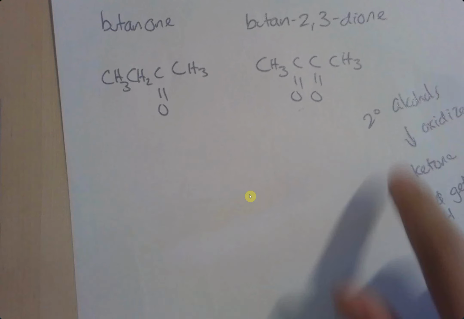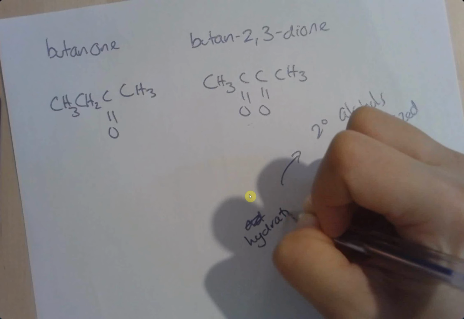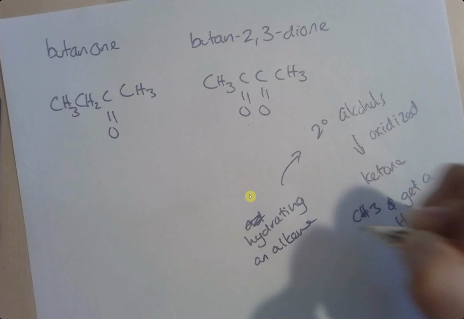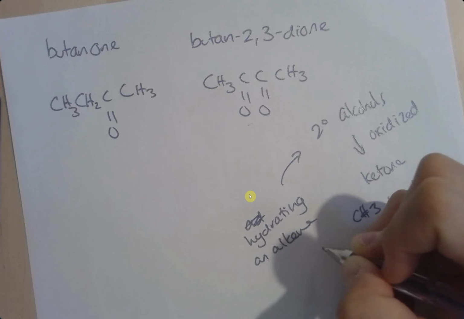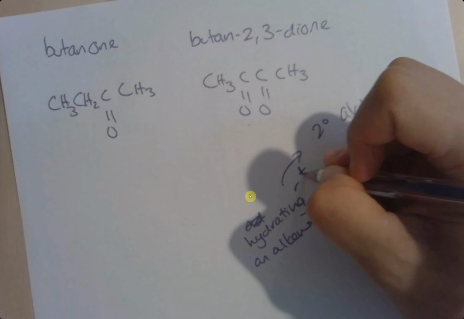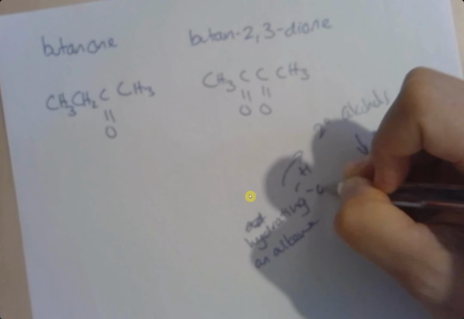If I think about how do I get to an alcohol, well, one of the ways I get to an alcohol is by hydrating an alkene. So when I hydrate an alkene, remember we are adding the hydrogen and we are adding an OH.